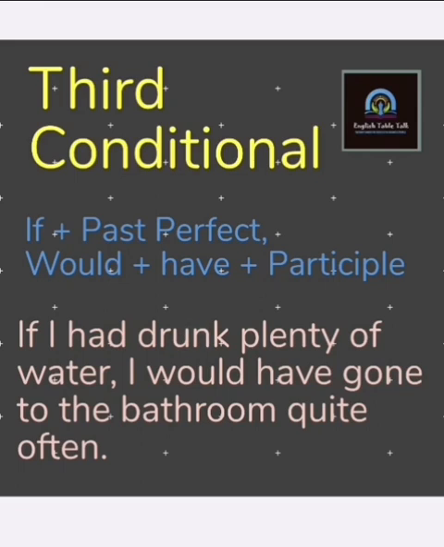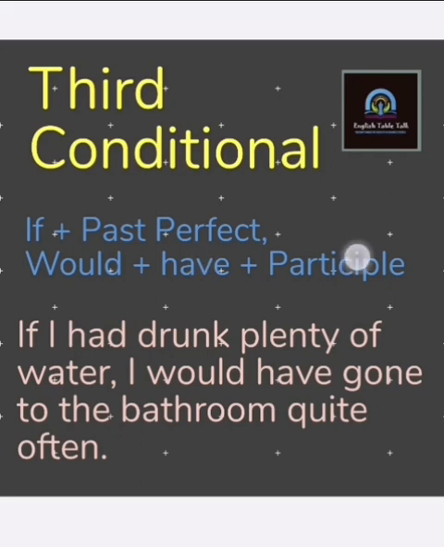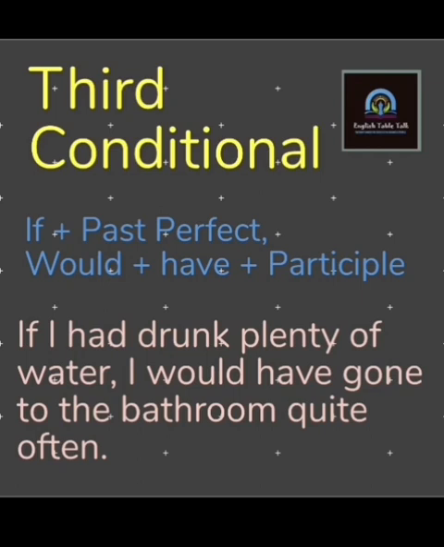So, in the second part of the sentence, we have to use the modal verb would plus have, always have. You cannot say would has, okay? No, because remember, modal verbs, we have to use the verb in base form. So always have, and then the past participle of the main verb. So let's check the example.